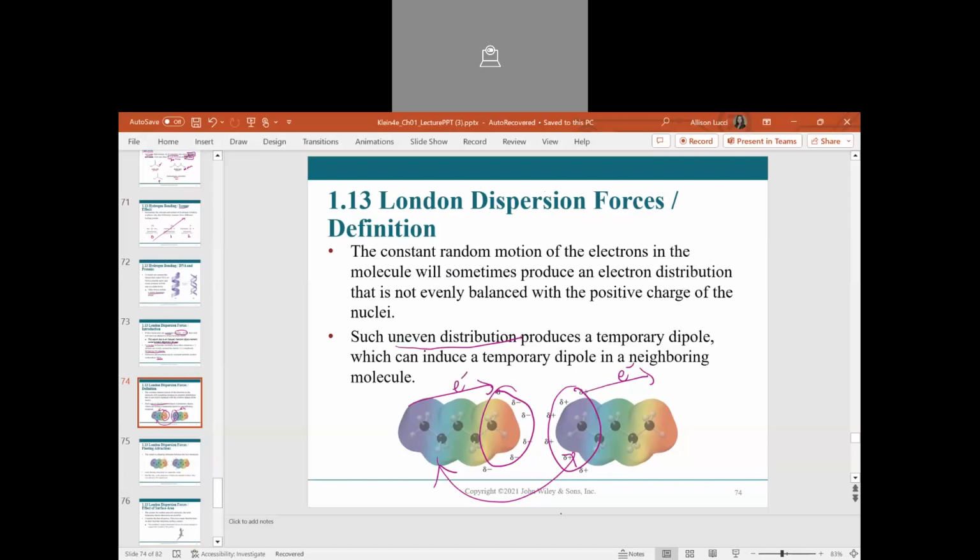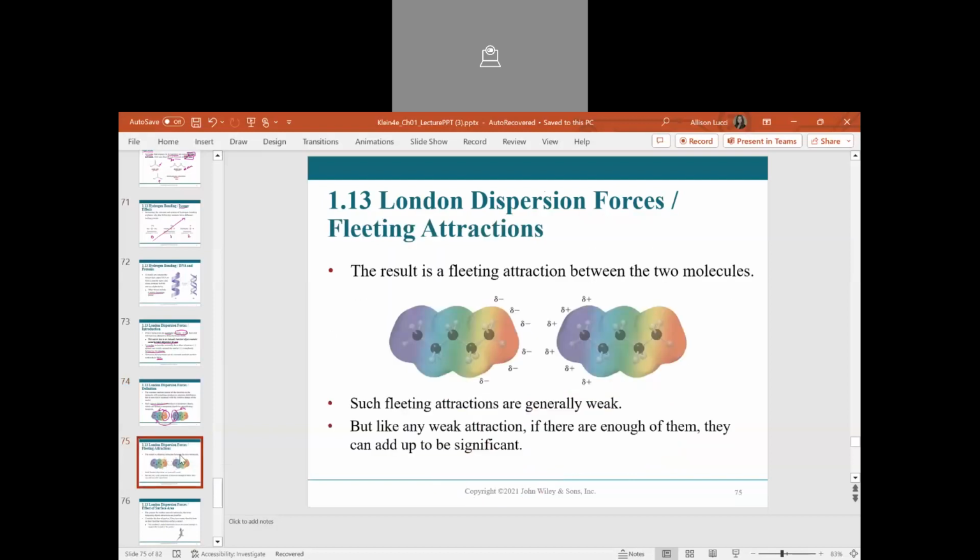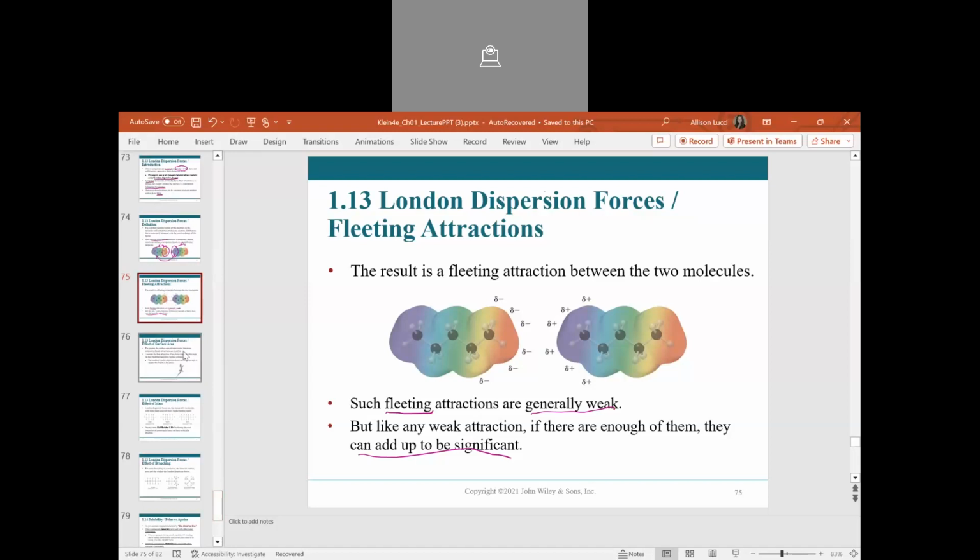And we can see that this temporary dipole results, and then these London dispersion forces exist, and we have interaction between two molecules, but they're fleeting, so they come and go, and they're generally the weakest of the forces that we discussed. But if you have a large enough molecule, these can add up and become pretty significant when you're comparing size of a molecule. For example, the more carbons you have in a hydrocarbon chain, the higher the boiling point because of these London dispersions.